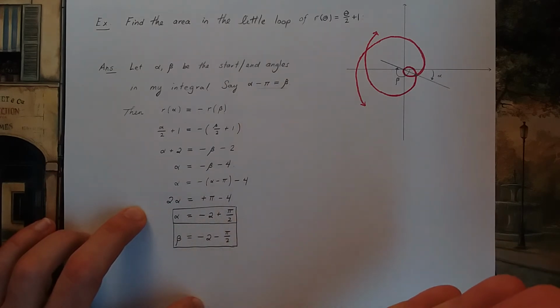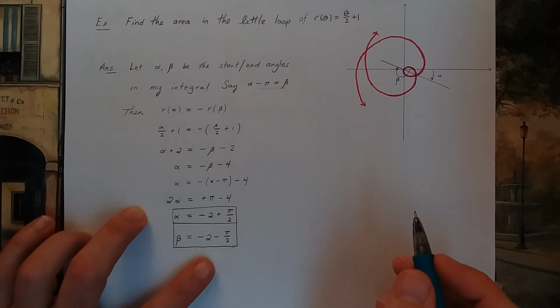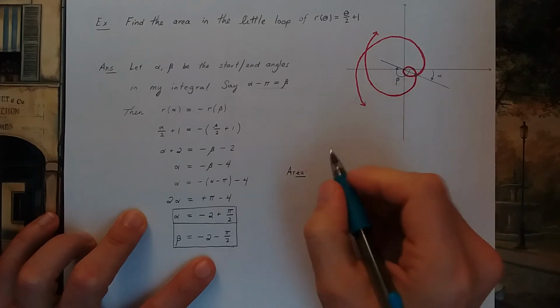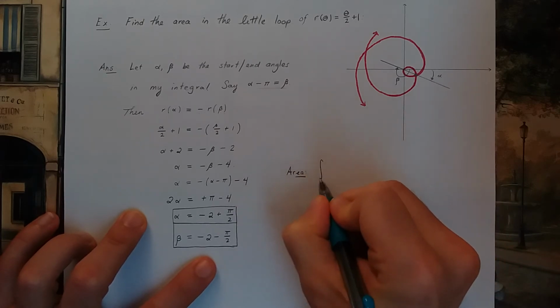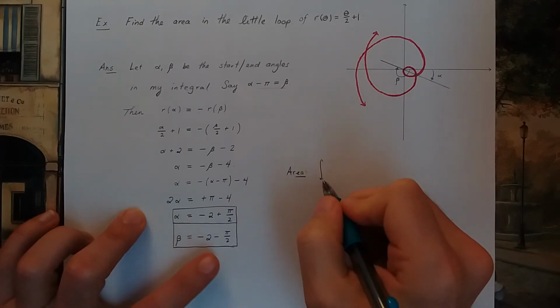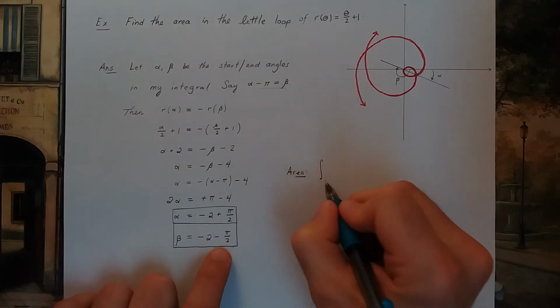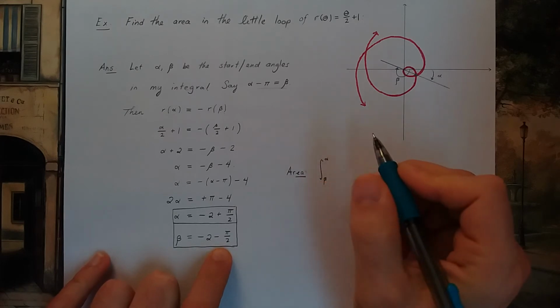I could find the angle that I start integrating, and I could find the angle that I stop integrating. So the area is now an easy integral calculation. The area is 1/2 the integral from beta to alpha.